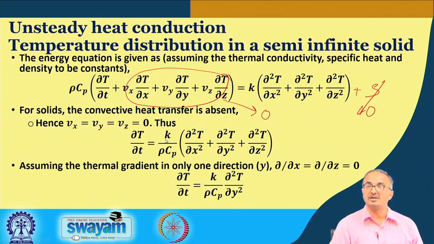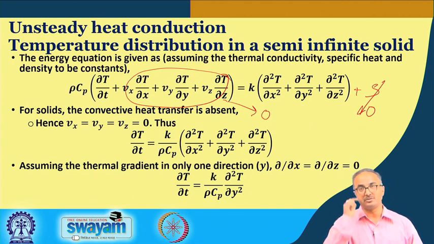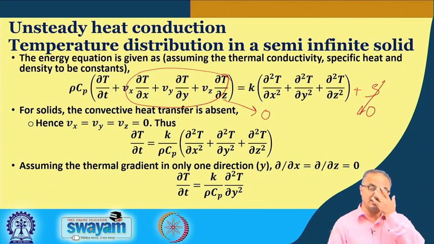We are also assuming that the properties of the solid, that is K, the thermal conductivity, the density and the specific heat, remain constant, so that they can be taken out of the differential, and we get this particular equation. Now we assume that the temperature gradient occurs only in the y direction, so we take dou by dou x and dou by dou z to be 0.